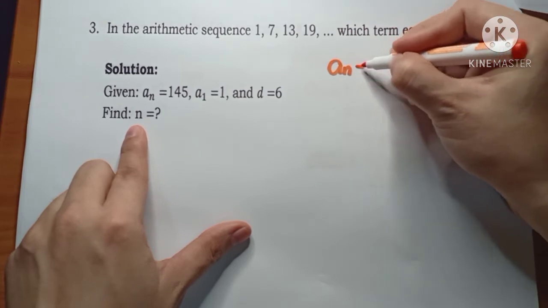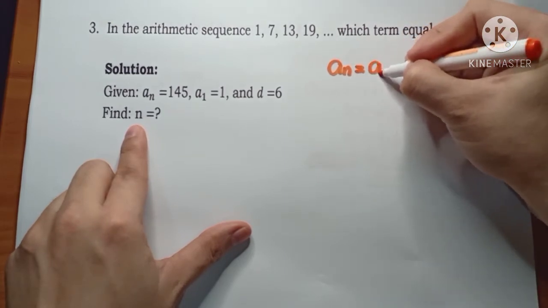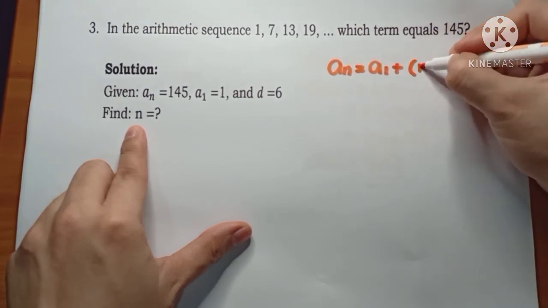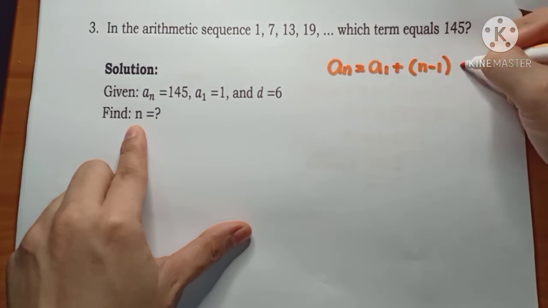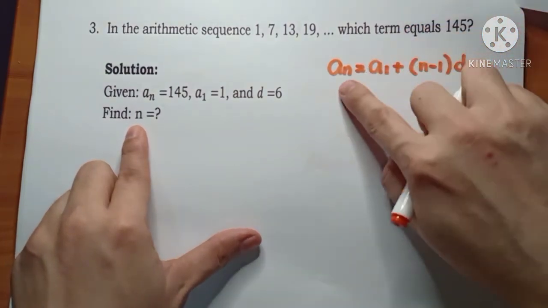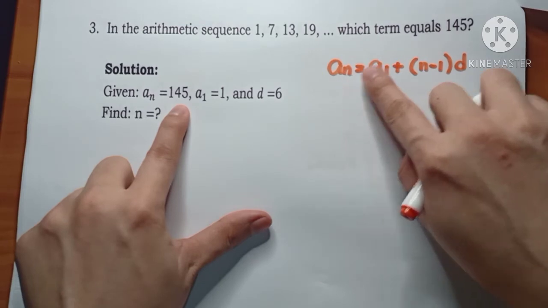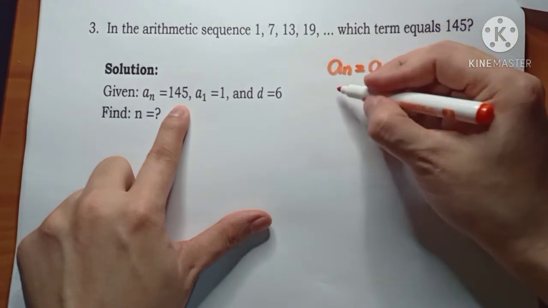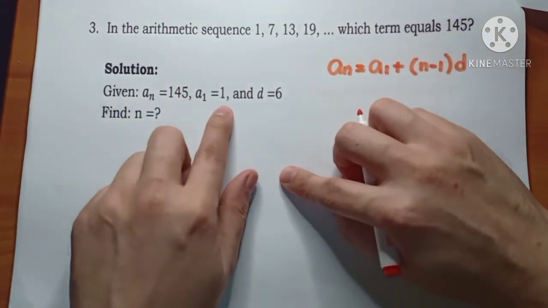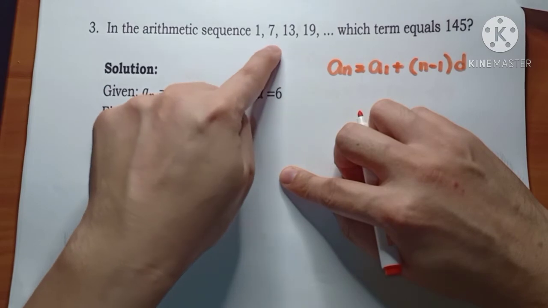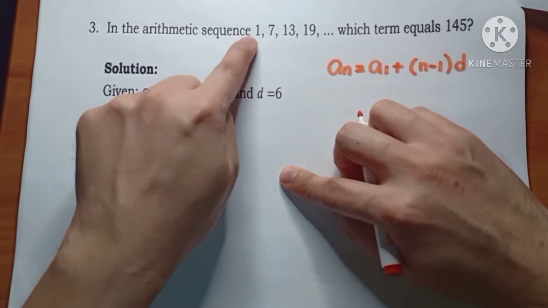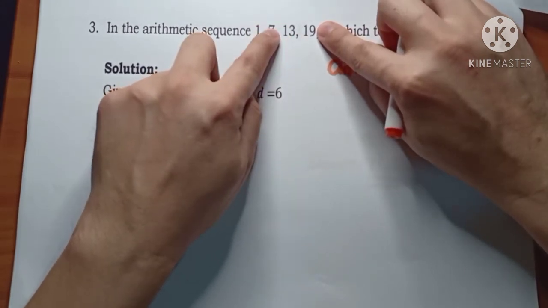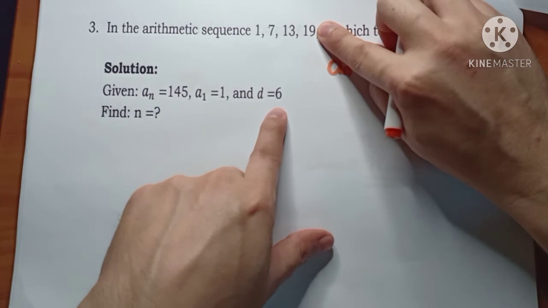So dapat kabisado na natin yung ating formula is equal to the first term plus n minus 1 times d. So ang a sub n natin is 145 kasi yan yung ating pinaka last term. At ang first term naman natin ay 1 at ang common difference naman natin ay 6. Paano nakuha ang 6? 7 minus 1 or 13 minus 7 or 19 minus 13.